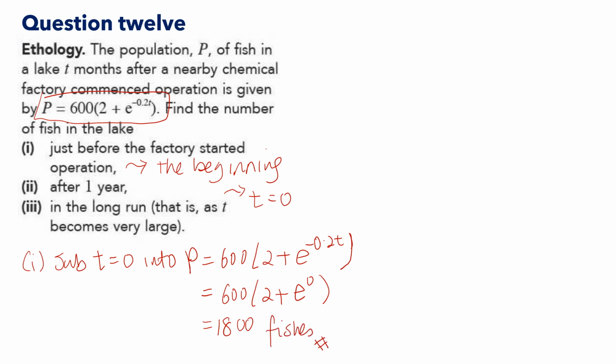Right, so let's see what happens as time goes on. After 1 year, the units for t are in terms of months, so we need to convert 1 year to 12 months.